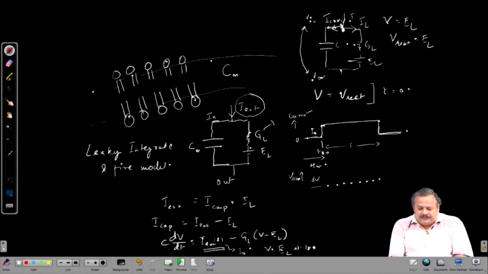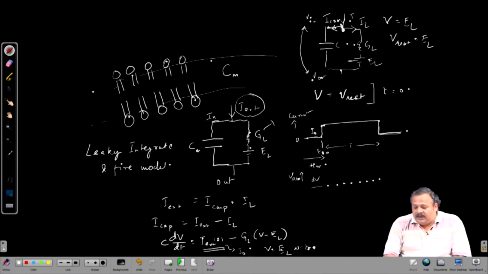You must be familiar with solving this simple linear ordinary differential equation, and we can then see that the capacitor is going to charge and go to a saturation value, if at all, within that time capital T, and then is going to discharge when the current is gone.